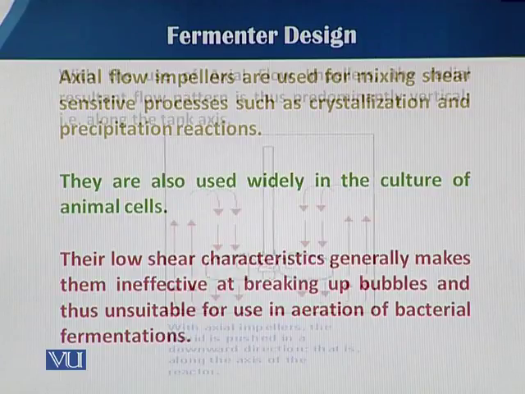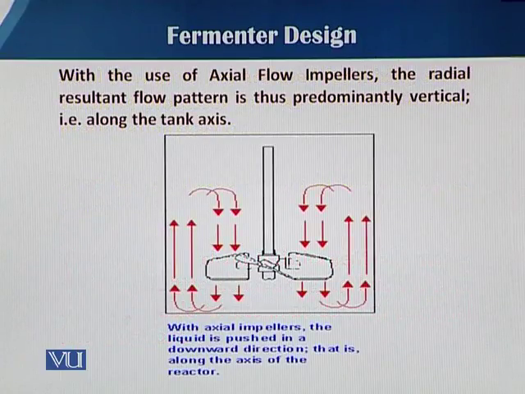In this slide and diagram you can see the direction of the flow of the medium inside the fermentation vessel when the axial flow impellers move. With the axial impellers, the liquid is pushed down.